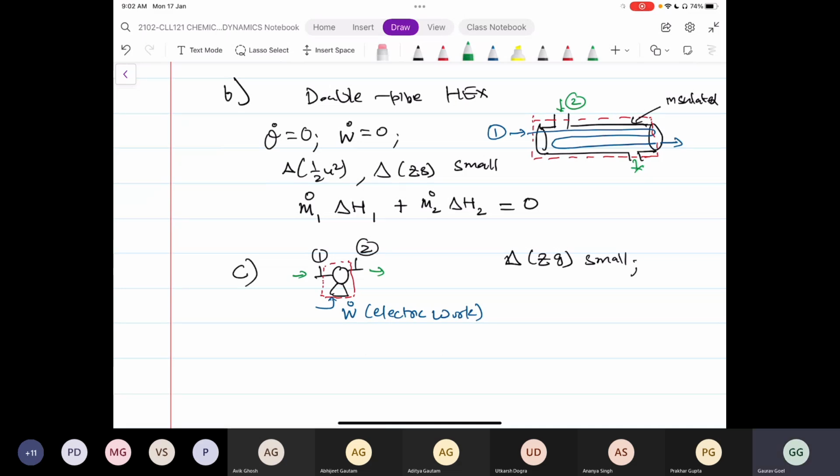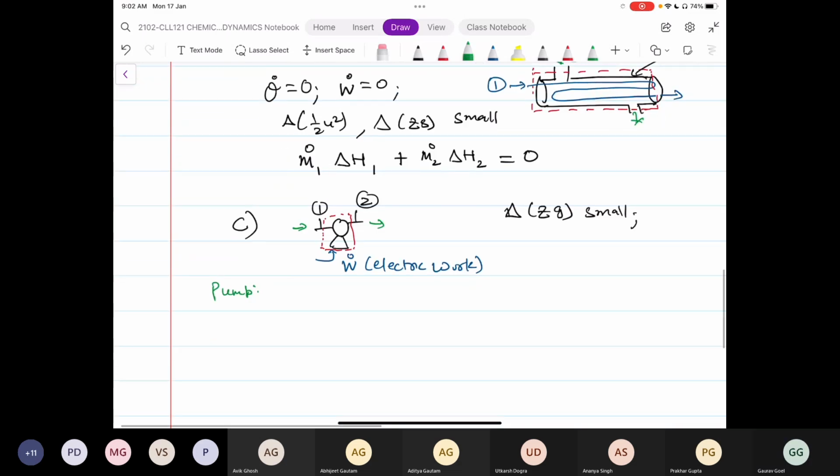So pumps come in various flavors. Either I want to transport vertically, so to a height, or I want to increase flow velocity.